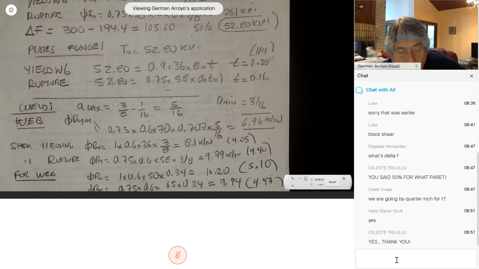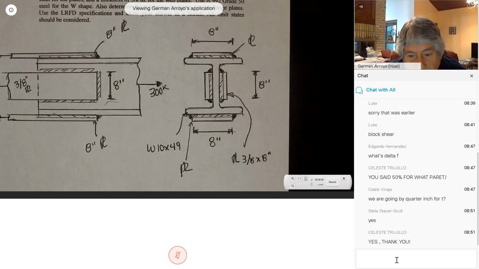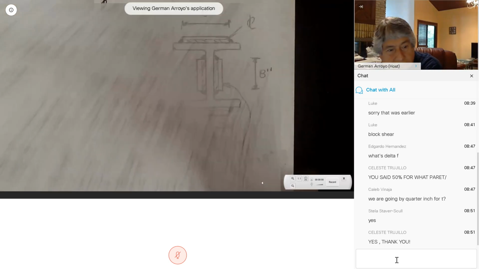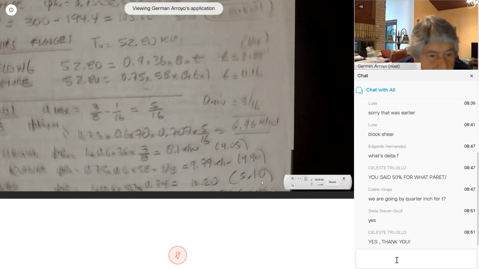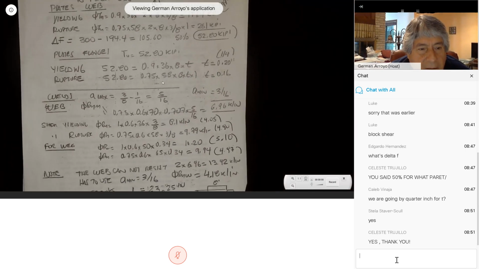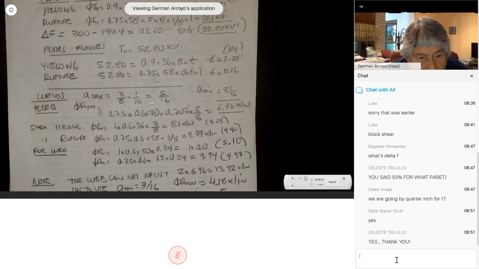This is for the web because the plates here on the web are given at 3/8 by 8. And so 3/8 minus 1/16, it gave me 5/16.